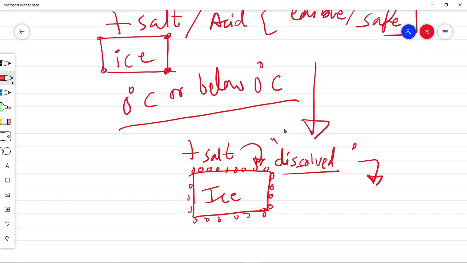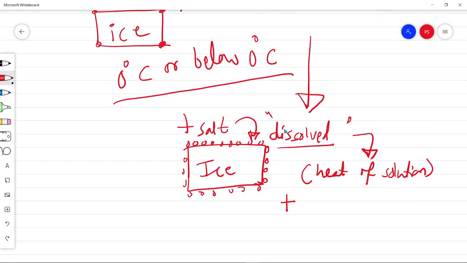The amount of heat required for this process, called the heat of solution, and in addition to that, the amount of heat required to melt this ice into water, which is called the latent heat of fusion, is taken from the ice itself.